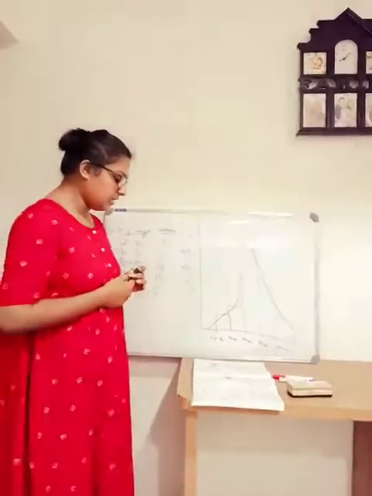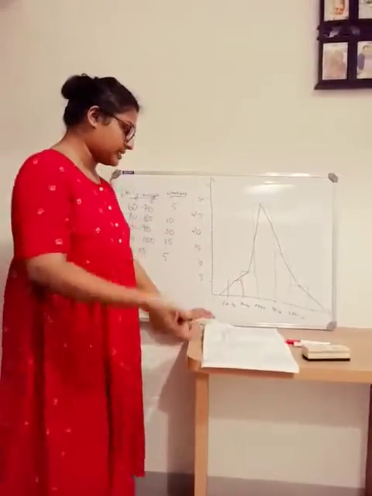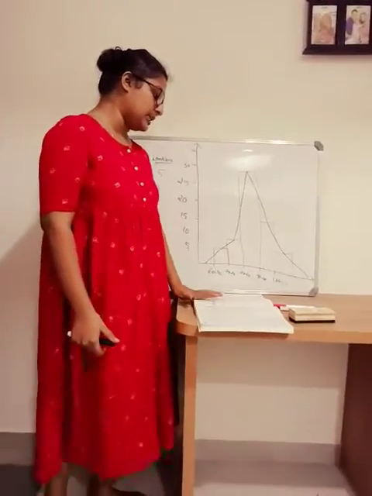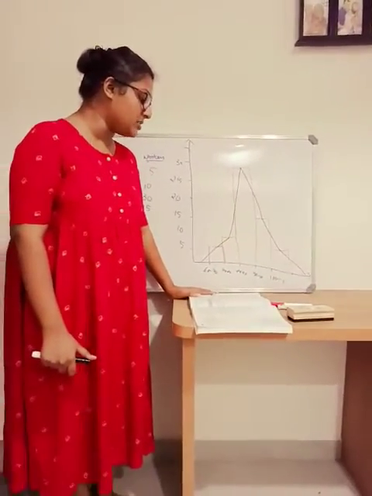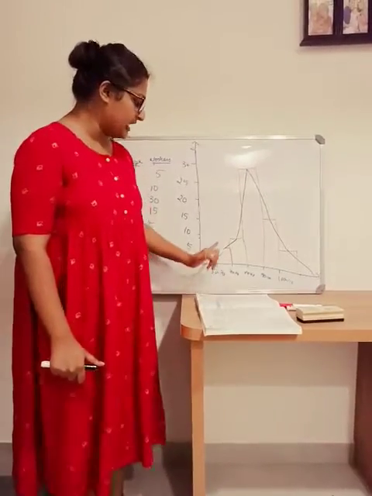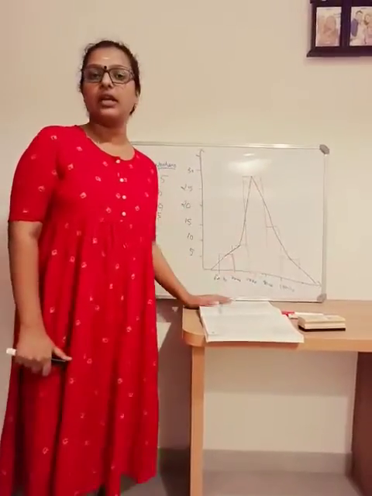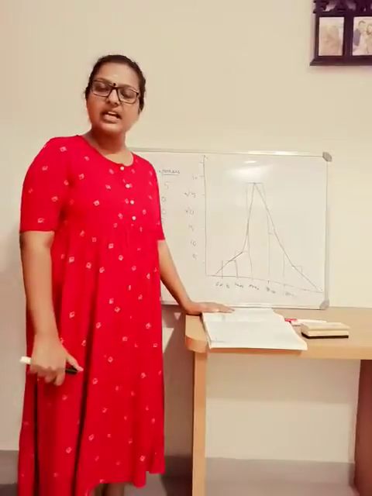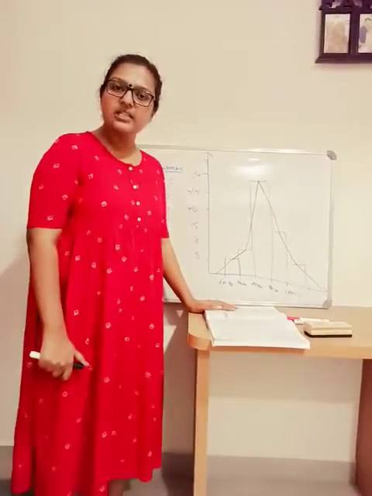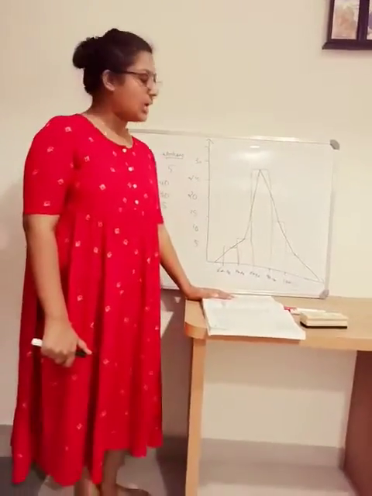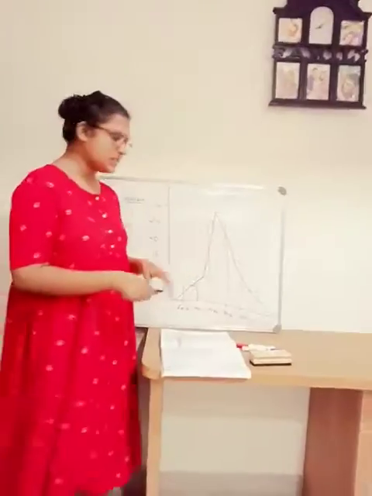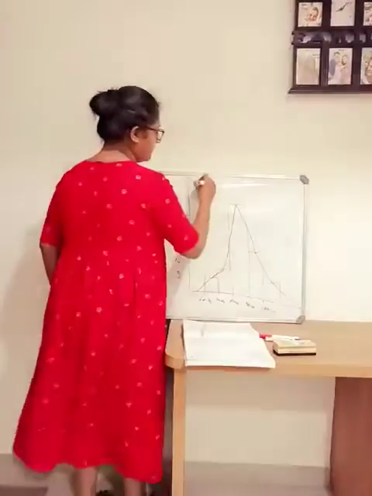So we have taken the frequency polygon. A frequency polygon is a geometrical diagram, a curve, which connects the midpoints of the tops of the rectangles in the histogram. Understood? So from the histogram we derive the frequency polygon.